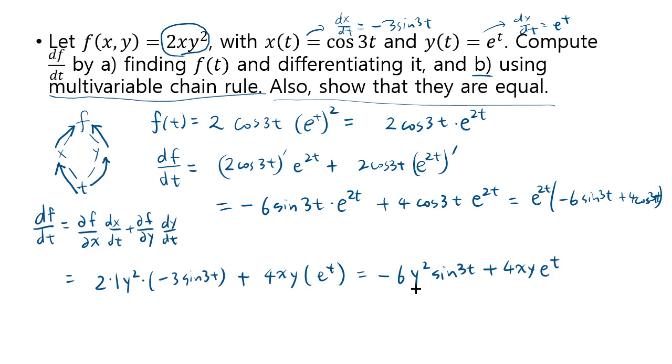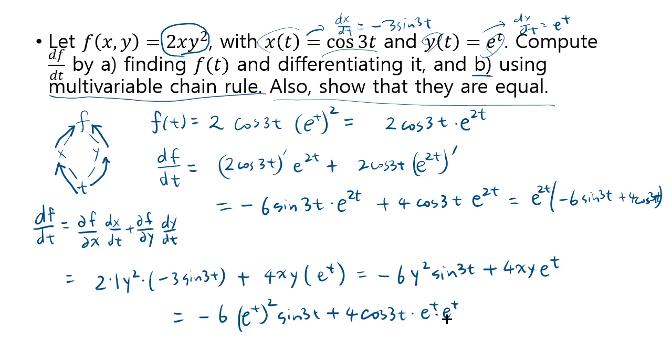Well, all you need to do is just replace y by e to the t, because y is e to the t and x is cosine 3t. So you can further change this by saying y is e to the t, plus 4 times x times, well, x is cosine 3t, y is e to the t.